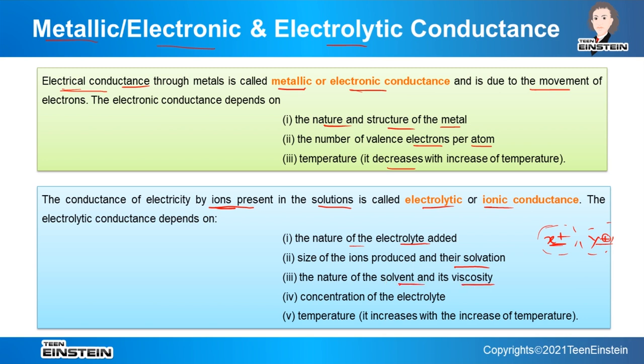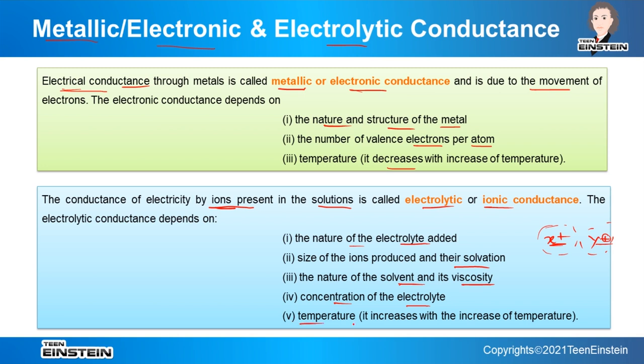The nature of the solvent in which we are adding the electrolyte, and its viscosity, also matters. Concentration of the electrolyte, whether it is a concentrated or dilute solution of electrolyte, is also important.